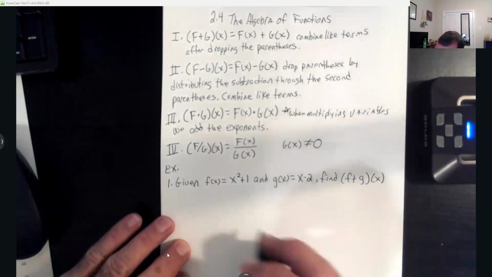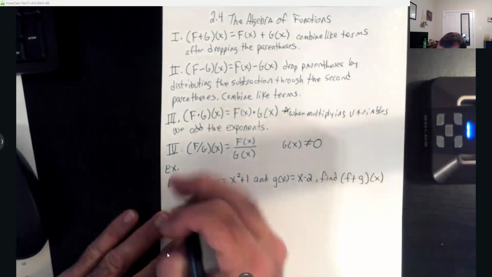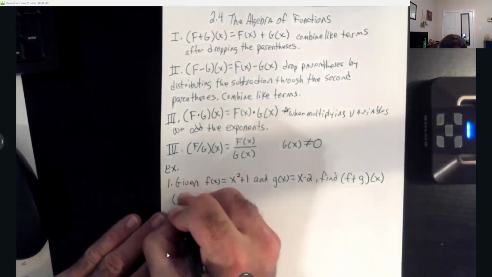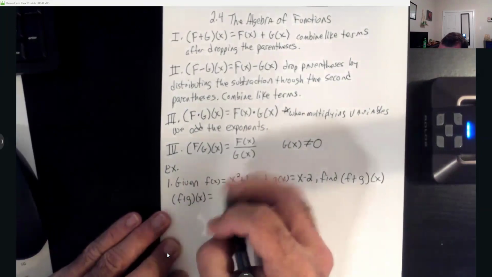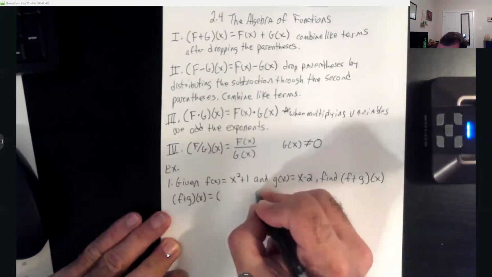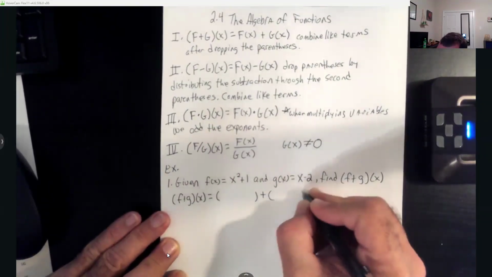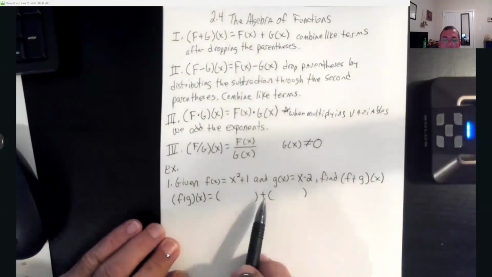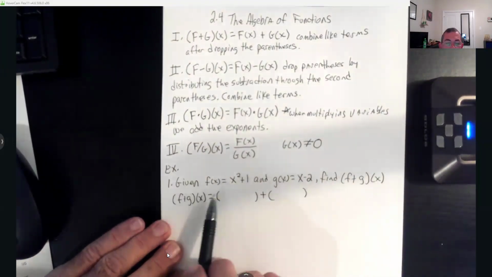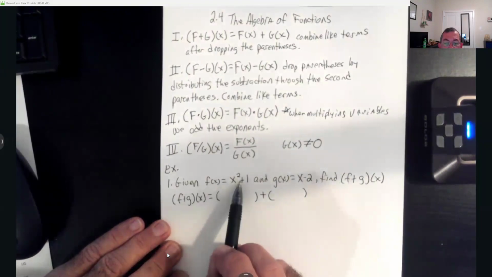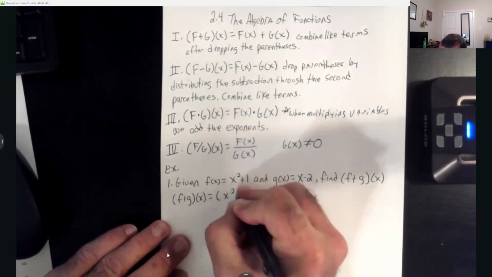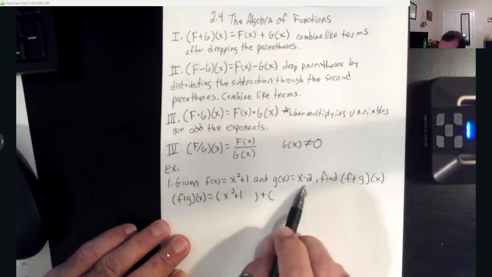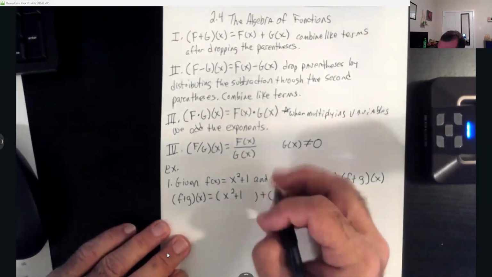Hey, y'all, so what I do on these, I take my f plus g of x. So I know we're adding, so I'm going to put my parentheses. I always start out with my parentheses for my functions. So f, which is first, would be the x squared plus 1. G is the x minus 2.